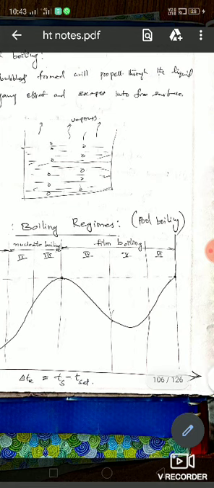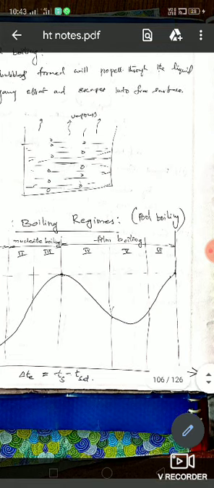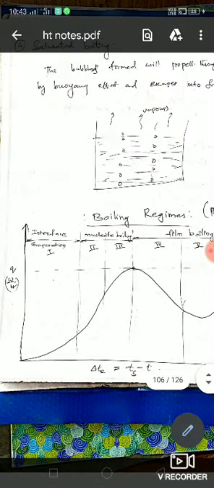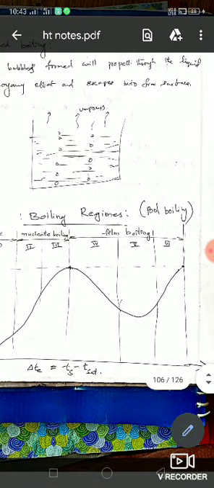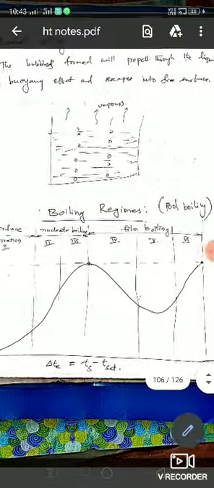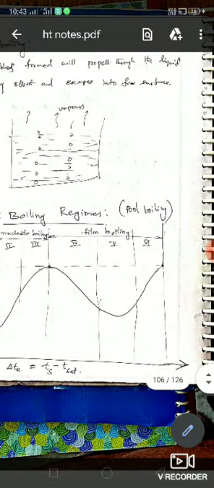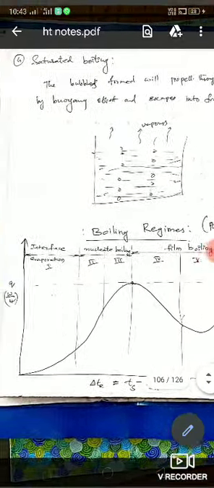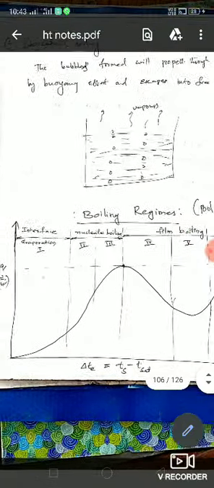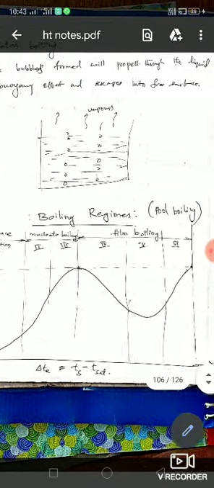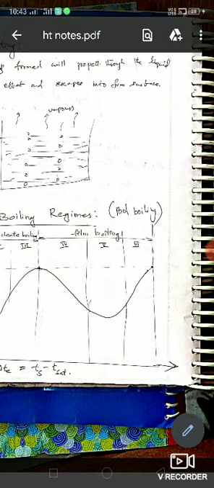The bubbles act as insulators for heat transfer, so they do not allow the heat flux to pass at a maximum rate to the liquid. But all of a sudden the film gets broken up, and the last stage is radiation, where the complete liquid gets converted to vapor, and heat flux is maximum at the final stage.